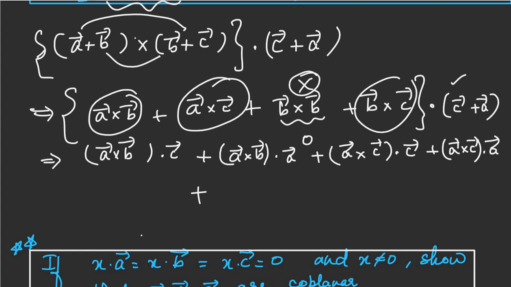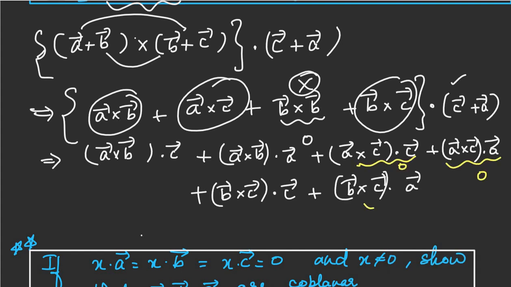Next, taking this term, B cross C dot C plus B cross C dot A. This is 0, this is also equal to 0.